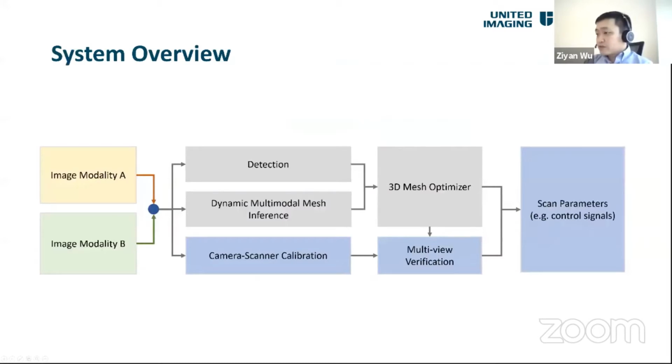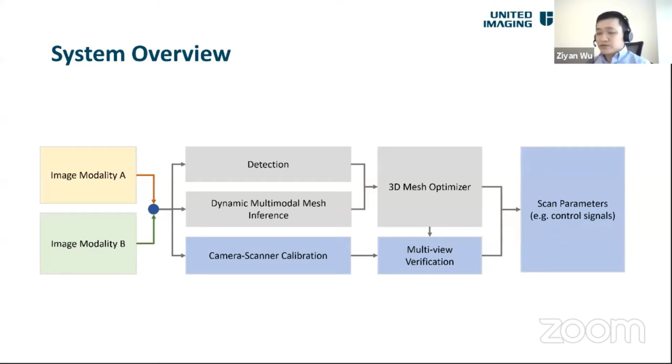And after this, of course, we also have to rely on the camera scanner calibration information to convert the image-based detection results into actual 3D scan parameters for the technician to verify before triggering the scan.